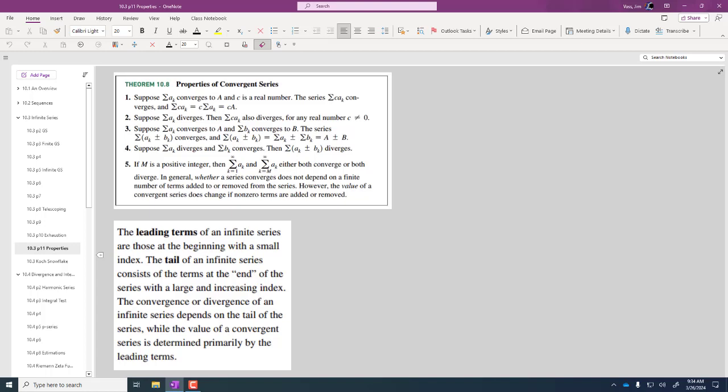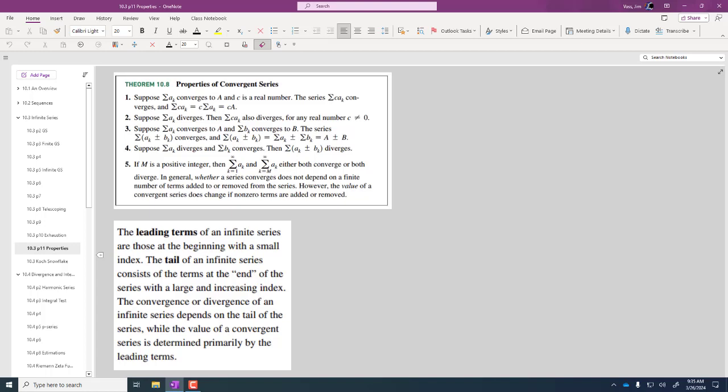And if we have a series that diverges, there is no constant that you could multiply through by that would then change the series to converge. So if you have a divergent series and you multiply by any constant you can imagine other than 0, it's still going to diverge.